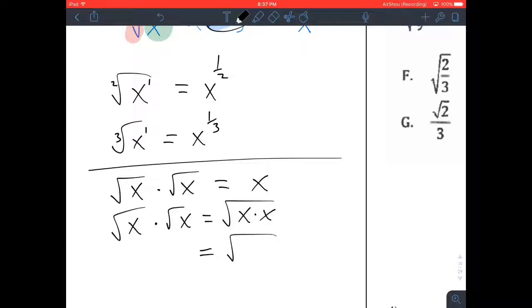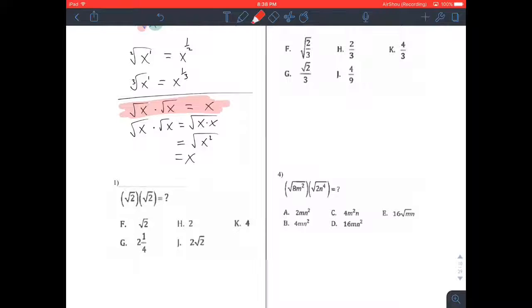X times x is x squared. What is the square root of x squared? What number times itself gives you x squared? Well, it's going to be x. So here's a rule that you want to know. If you multiply a radical, a square root by itself, you always get whatever number is on the inside.